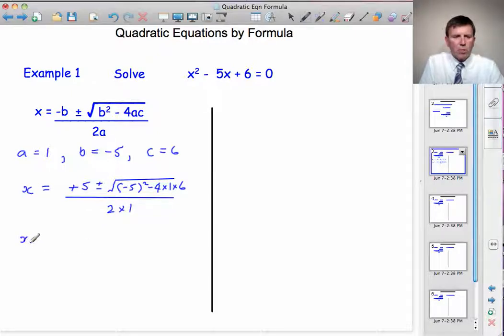And now we look to simplify. We've got plus 5 plus or minus the square root of minus 5 squared is 25, and then we've got minus 4 times 1 times 6.